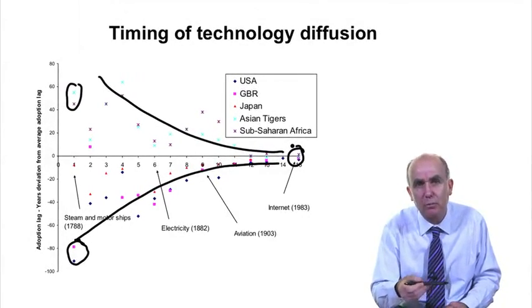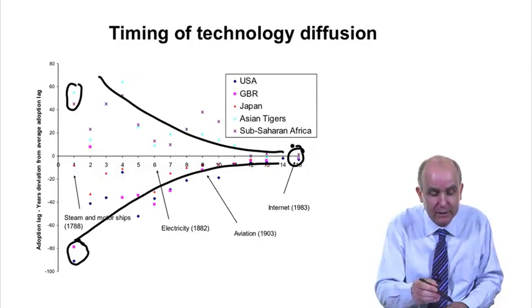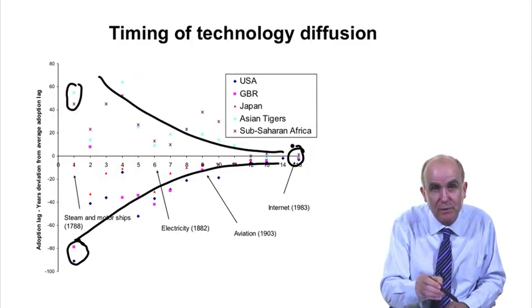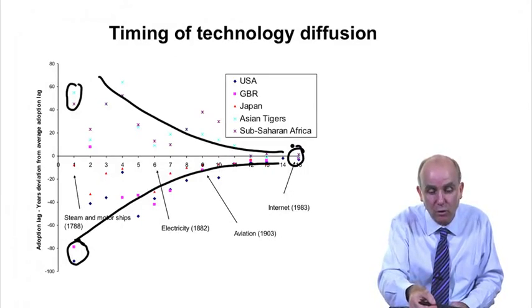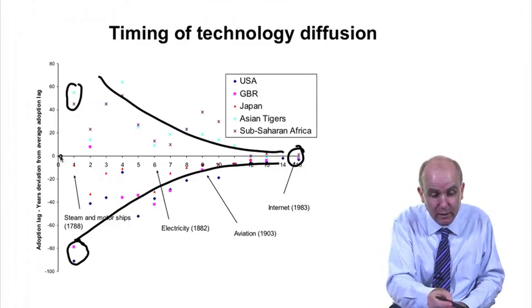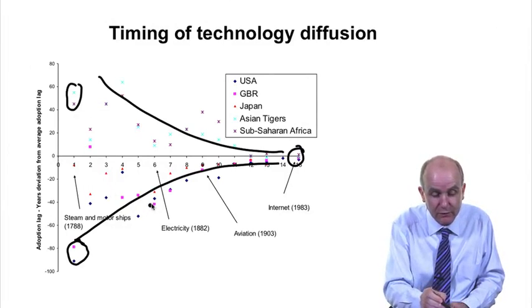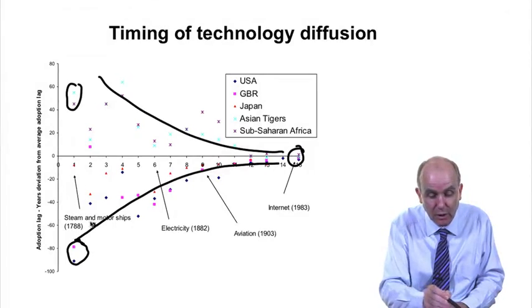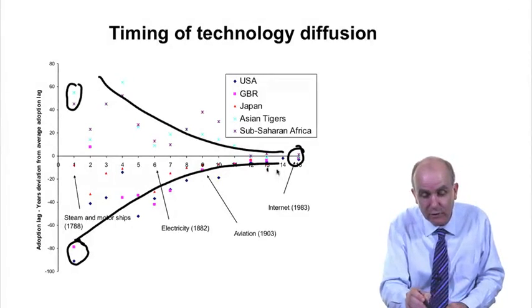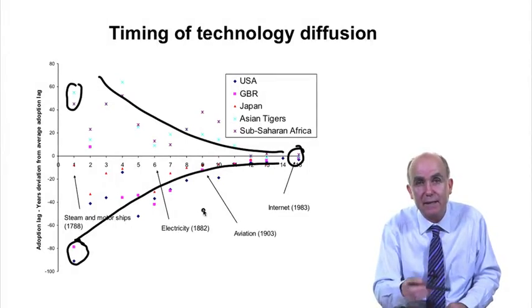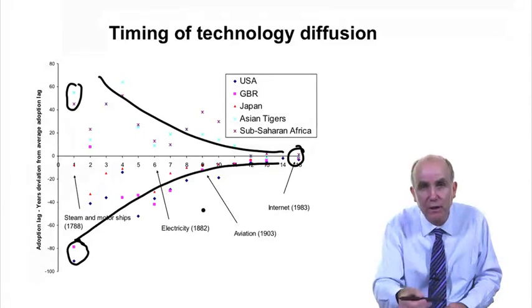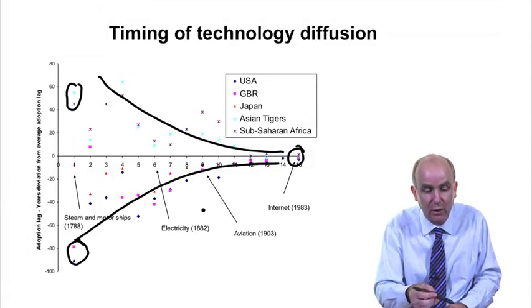The other really important point for my purposes is that the dots for particular countries or regions all seem to be above or below the line, which is the average of 0. For example, for Great Britain, pretty much all of its observations are below the line. The United States, all of the observations are below the line. That tells us the United States and Great Britain have consistently been quick to adopt new technologies.